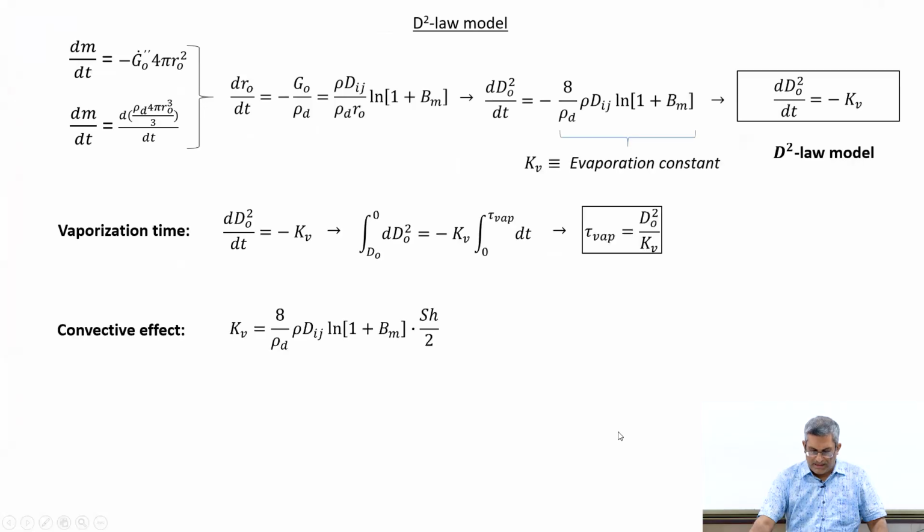We can see an example of how we measure K. This is a theoretical analysis that tells us that the rate of change of surface area is basically constant. But has this been experimentally validated? The answer is yes.